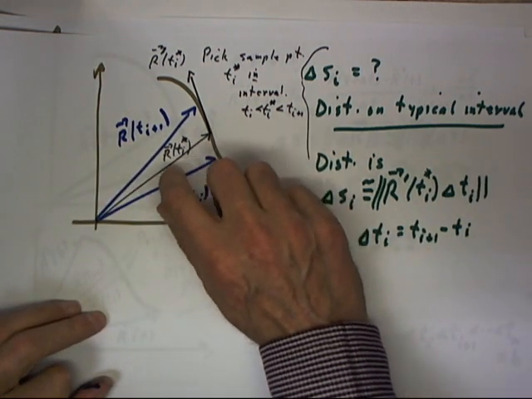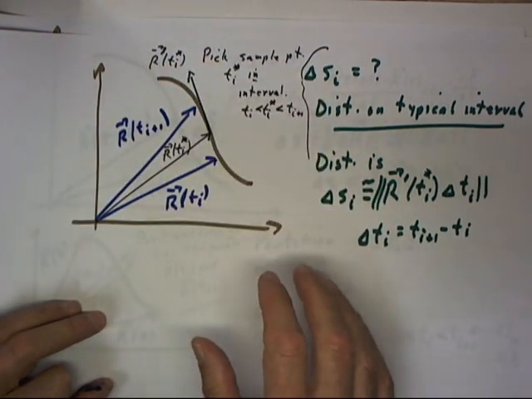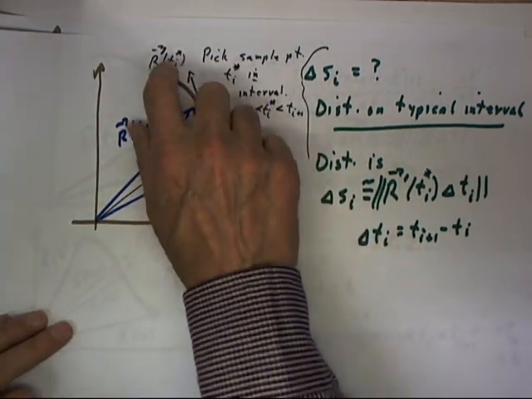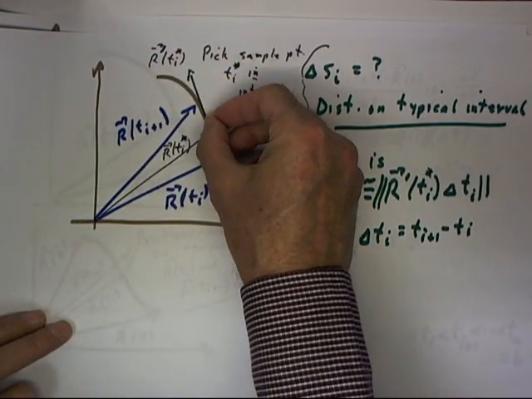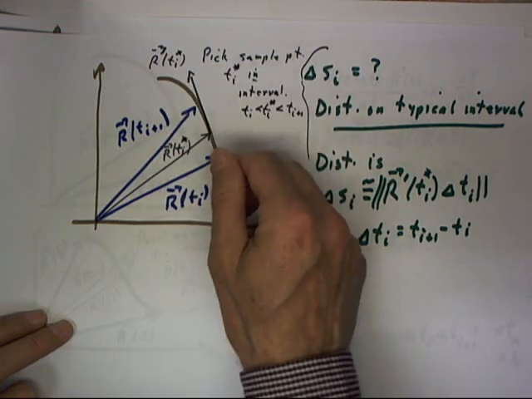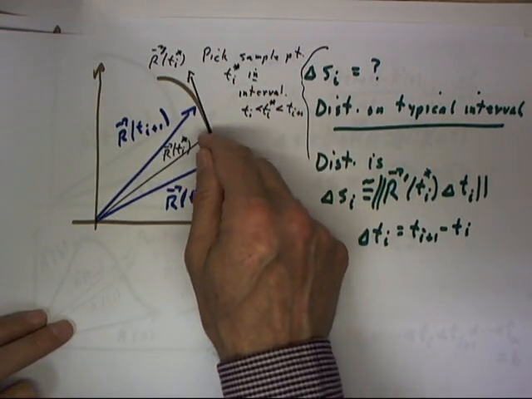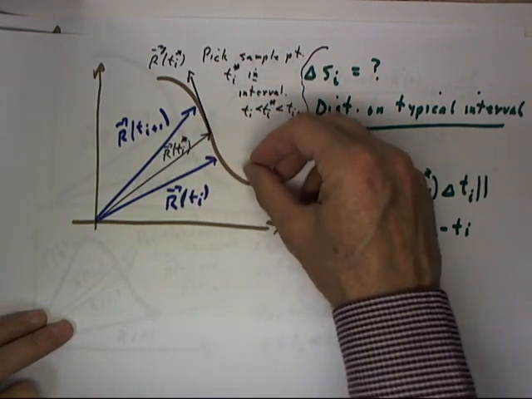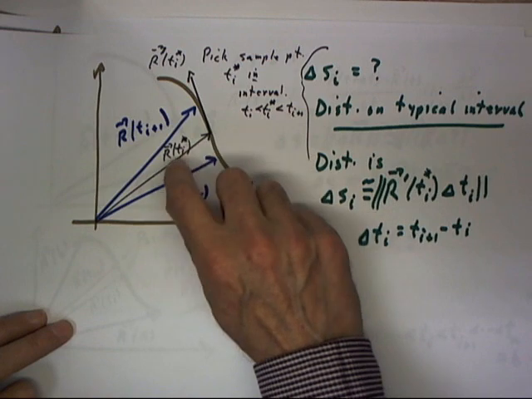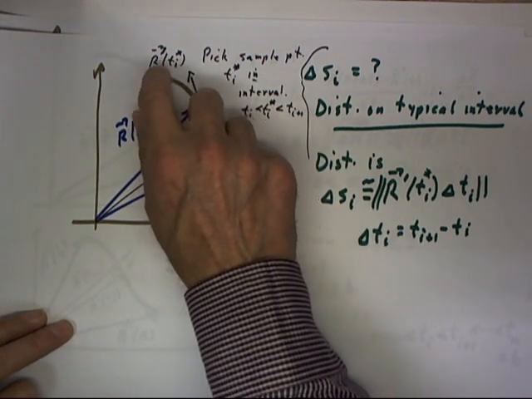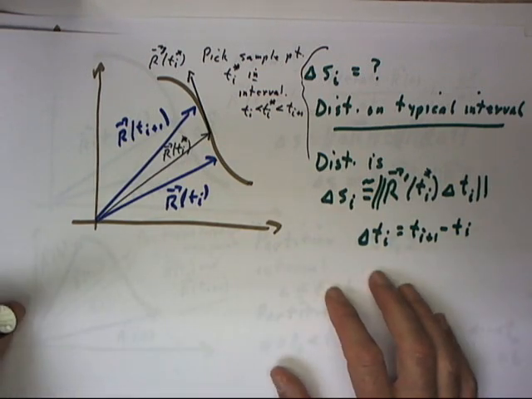Now we're going to take the derivative of our r of t sub i, and I'd already written that down when I thought the camera was still on, but we're going to get r prime of t sub i star, and that's going to indicate the rate of change of the r vector with respect to t at this point. If t is interpreted as time, so that this is an object moving along the curve in time, then this is just going to be the velocity, the derivative of the position function, and we're quite familiar with that by now.